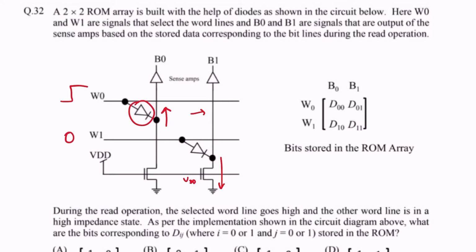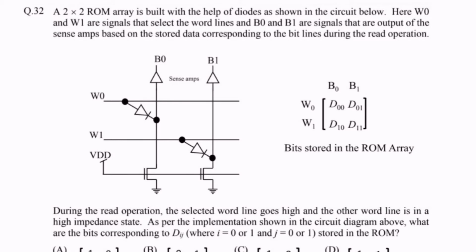So there'll be a 0 if there is no diode, and it'll be read as a 1 if there is a diode, because the diode will pull it up.